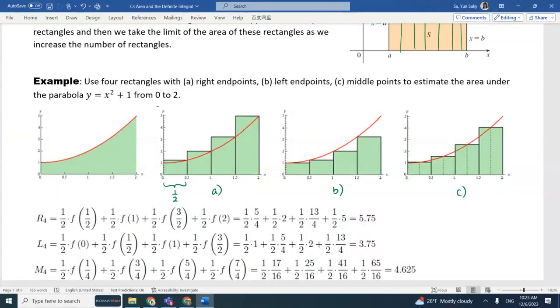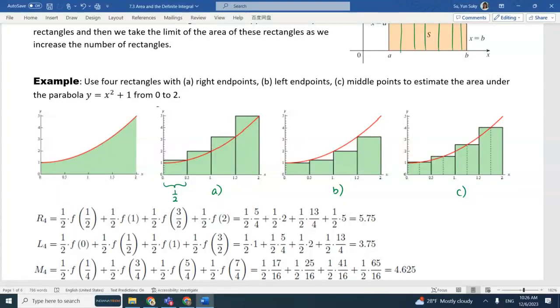And the next rectangle, the width is 1/2, and the height is f of 1.5, which is 3/2. And then plus the last rectangle, the width is 1/2, and the height is f of the right endpoint, 2. Yes, everybody? Then we plug in.